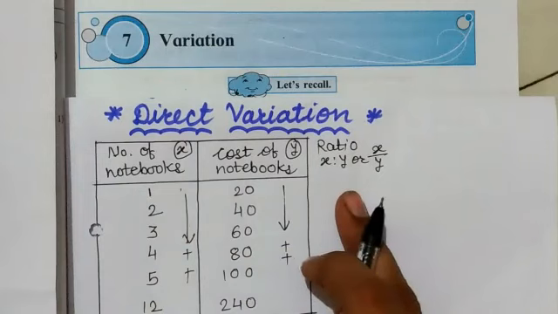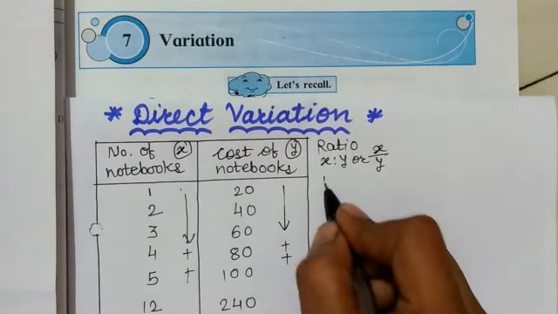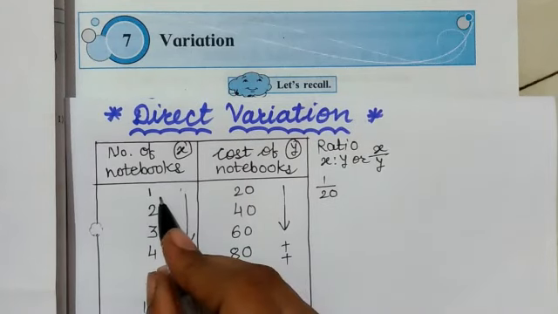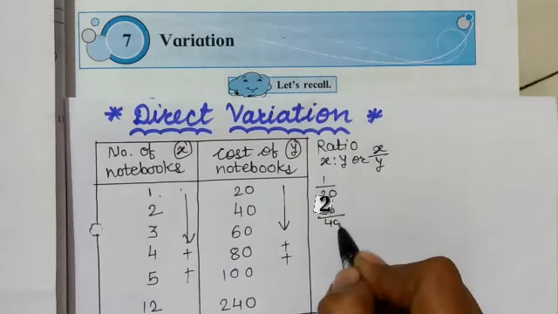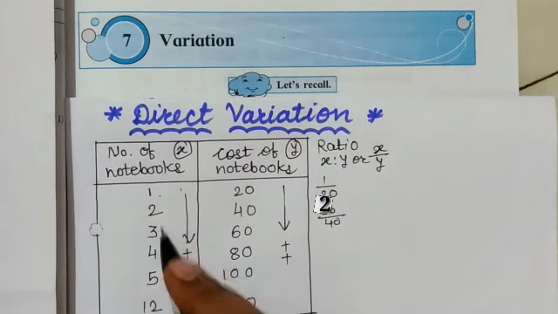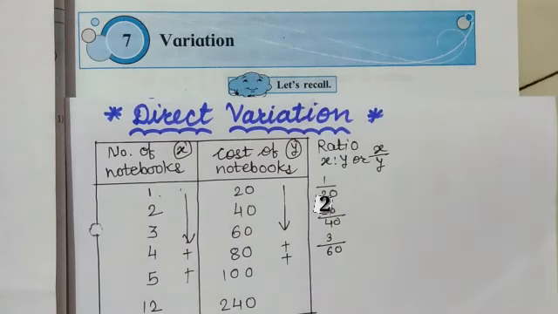So how are we going to write that? x upon y means 1 upon 20 for the first notebook, then 2 upon 40 for the second. For the third notebook, we have to write 3 upon 60. For the fourth notebook, 4 upon 80. For the fifth notebook, 5 upon 100.